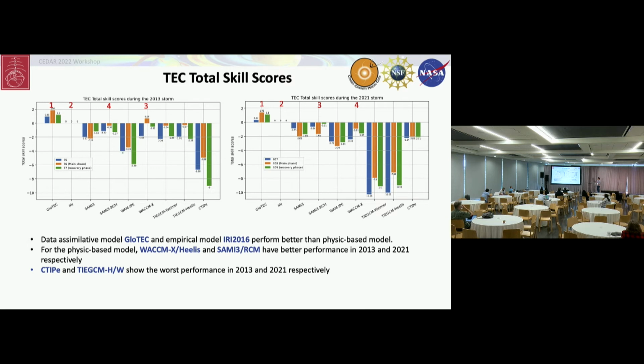Regarding the TEC, the GROTEC shows the best performance, second is the IRI 2016 model. If we just focus on the physics-based models, you can see that Wacom X and the symmetry RCM have the better performance in 2016 and 2021 respectively. And the CTIP and the TIEGCM show already bad performance in 2013 and 2021.